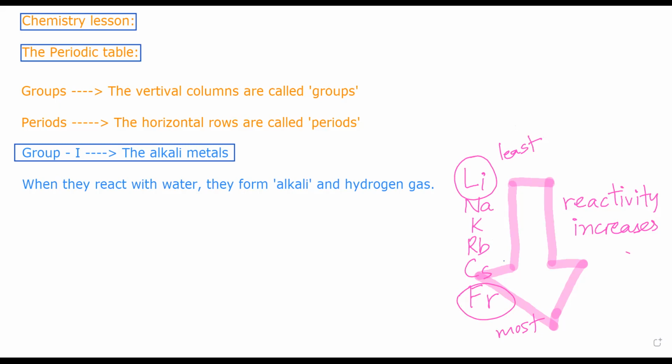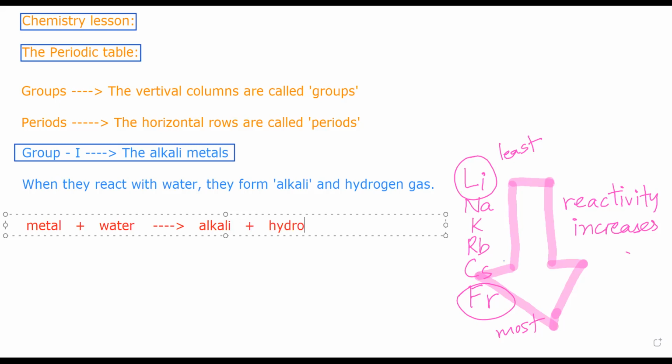Now, what is the equation for these reactions when they react with water? Let's write the word equation. Metal reacts with water and gives you alkali and hydrogen gas.